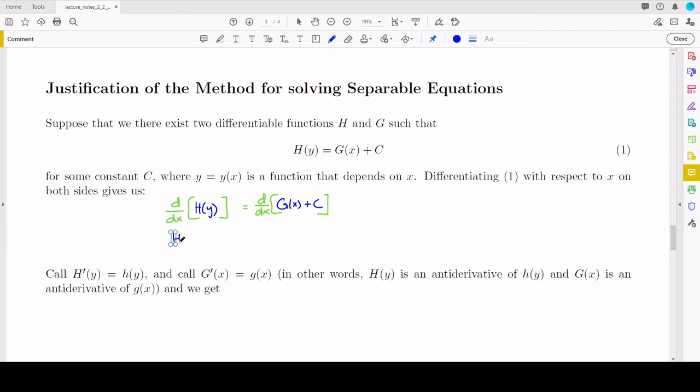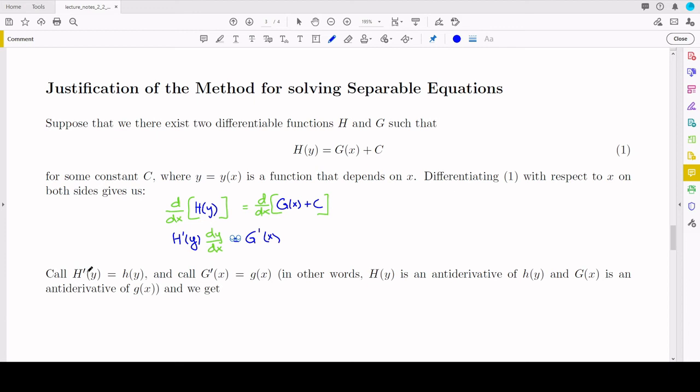So we get the derivative of the outside function, which is H prime of y, but I have to multiply by the derivative of what's inside, and that's dy/dx. On the right hand side, that's a little bit more straightforward. The derivative of capital G of x is G prime of x, and the derivative of a constant is 0. So now I have H prime of y dy/dx equals G prime of x.